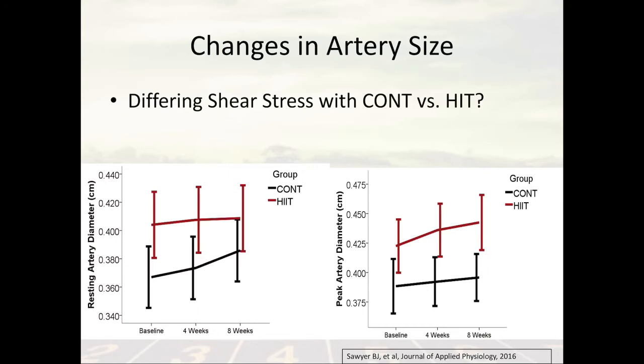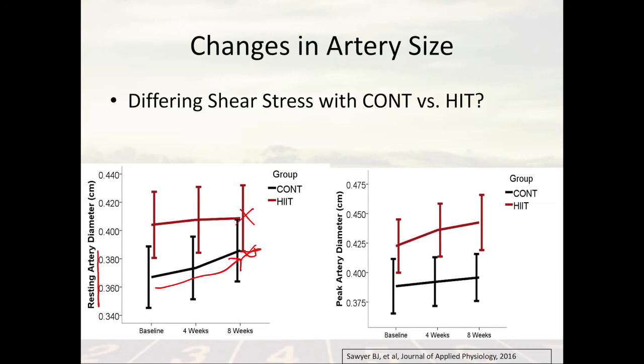Okay, the other interesting finding here was that resting artery diameter, the one that we measured before we pumped the cuff up, we saw in the continuous group that actually increased, and that was a significant increase. In the HIT group, this did not change.